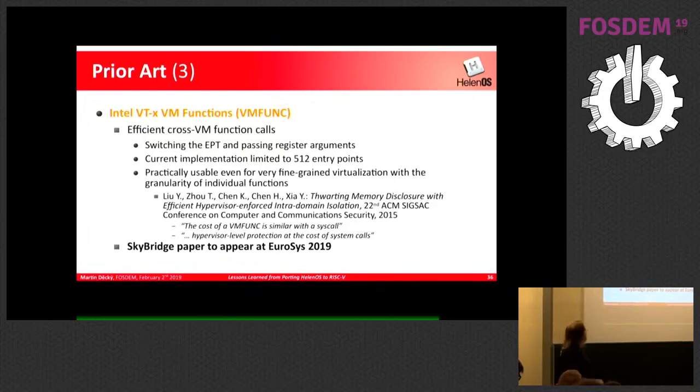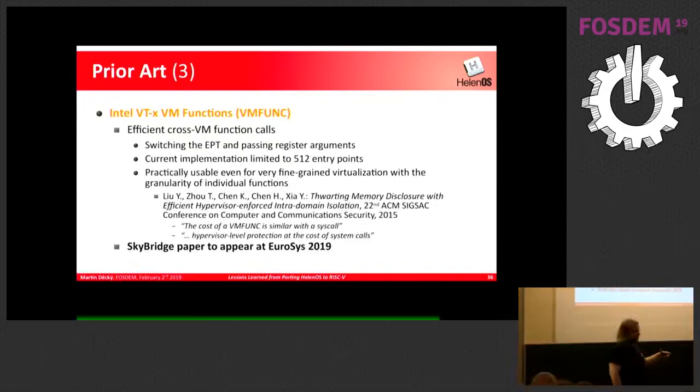So there's a way to make efficient calls from one VM in the VT-x domain to another VM, and there is some fixed number of entries that could be used so far, and it has been shown by some of my colleagues that this could really be used to take a monolithic binary, like, I don't know, a web server with an SSL library, and split it into very fine-grained components.